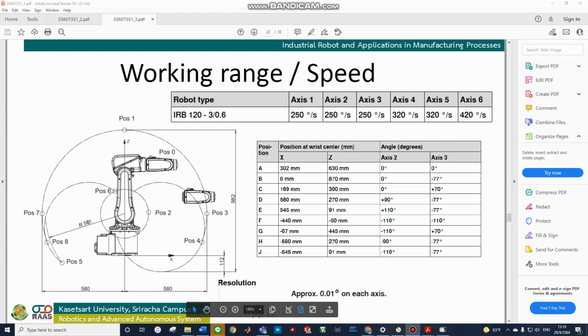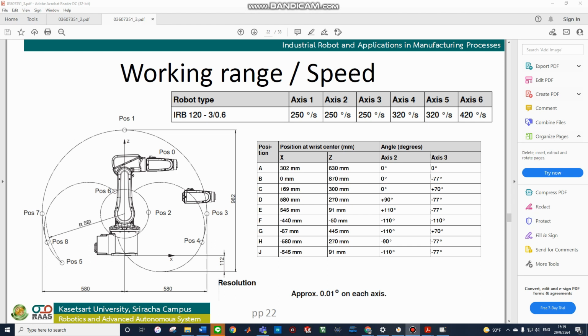Okay, about working speed of IRB 120, axis 1 2 3 4 5 and 6.